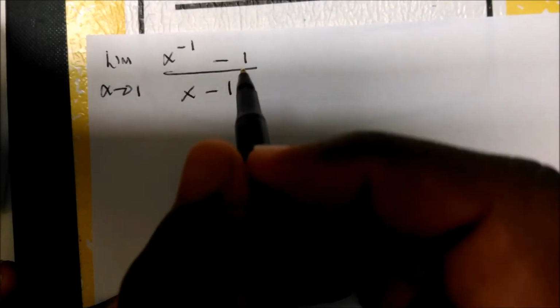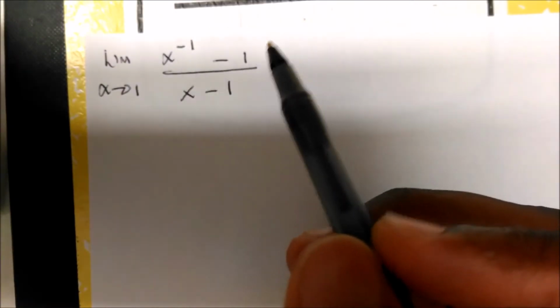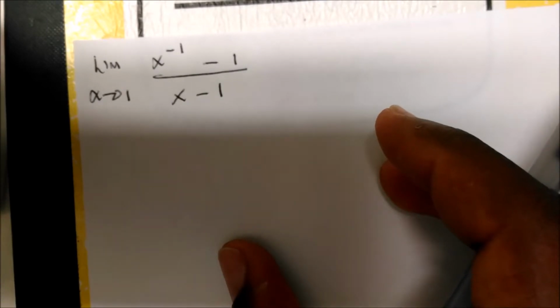Looking at this problem, I say, okay, well, what is going on? All right, so I see a negative 1 here. And usually, as you will learn further on in calculus, anytime you have a negative power, you want to flip that to become positive, because it's going to make your life much easier.